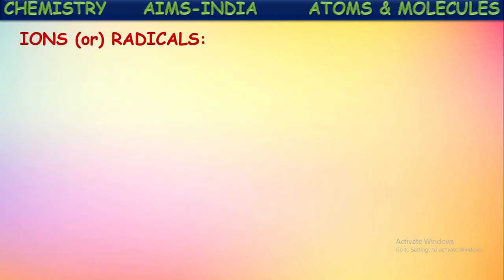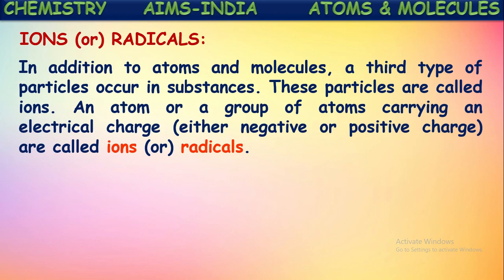Now let us see ions and radicals. In addition to atoms and molecules, a third type of particles occur in substances. Yes, not only atoms and molecules, one more type of particles also occurs in general substances. These particles are said to be ions.